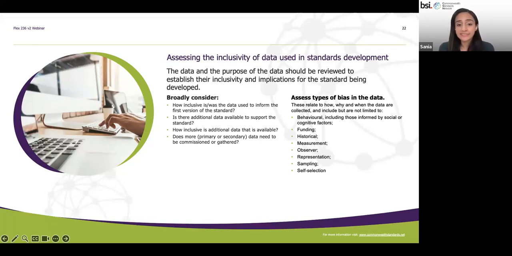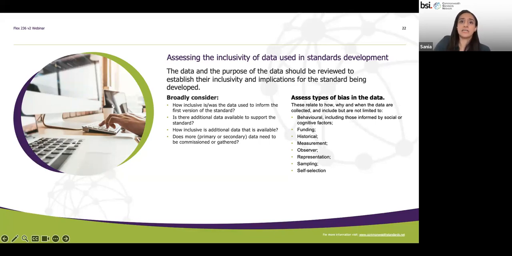How inclusive is that data? Is there additional data now since the standard's been developed that could be incorporated to improve it? How inclusive is this additional data? And like I mentioned, does more data need to be either commissioned or gathered? And is this primary or secondary data? So it's basically taking stock of the data available to you and understanding its opportunities and limitations.